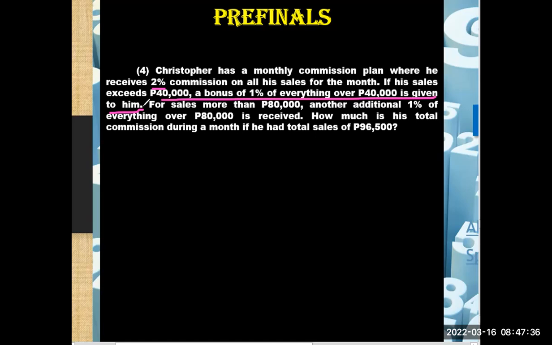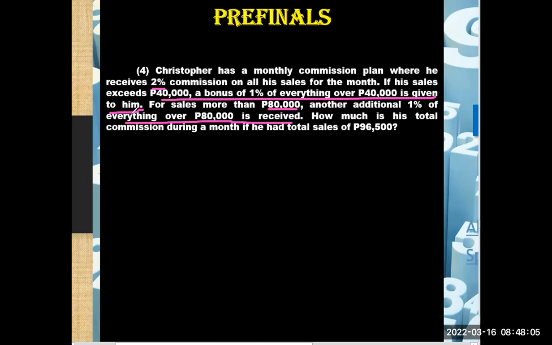For sales more than 80,000, o yan, kapag nag-80,000 naman daw, another additional 1% of everything over 80,000 pesos is received. Ayan na, another additional 1% of everything, lahat ha, over lumagpas ng 80,000 pesos ang matatanggap niya.